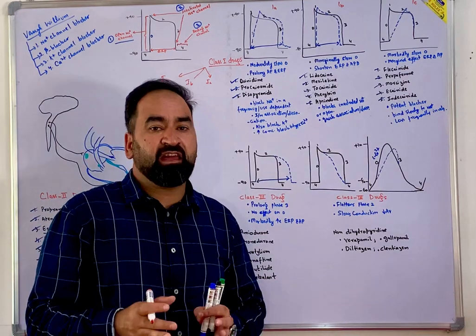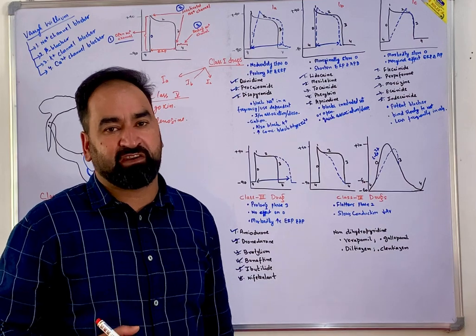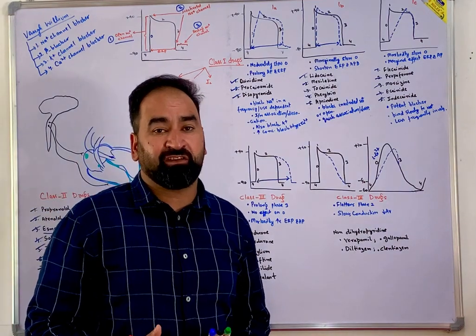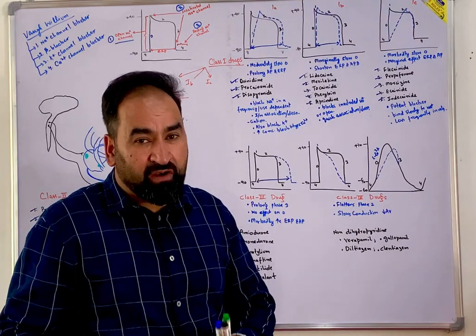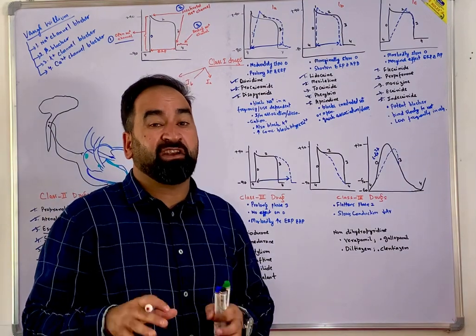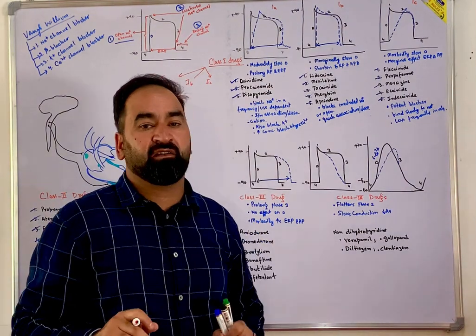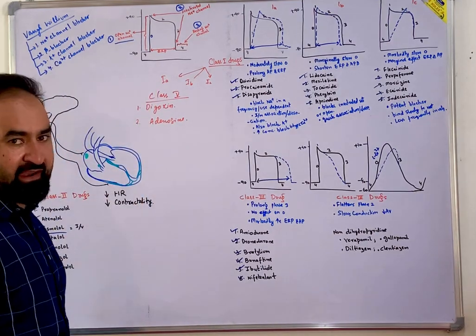That means you are increasing the electronegativity, keeping your cell in a more refractory state, so that if a premature beat comes, the cell is in the refractory state and cannot be activated. This is adenosine.